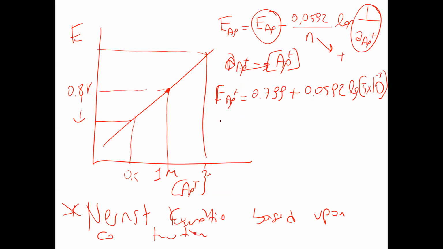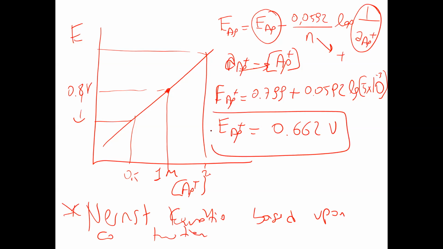When we do the calculations, the silver would be 0.662 volt. Okay, using the Nernst equation, we can calculate its species reduction potential.